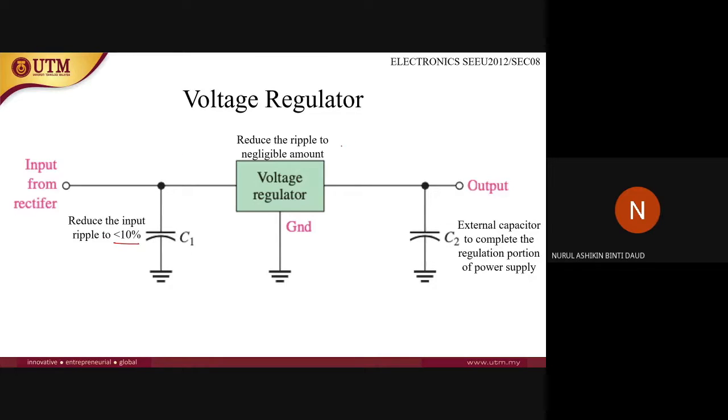After that it goes to the voltage regulator, where the regulator will reduce the ripple to a negligible amount until it no longer exists, as much as possible. And then it goes to the output. There's also another capacitor here, an external capacitor, to complete the regulation portion of the power supply.